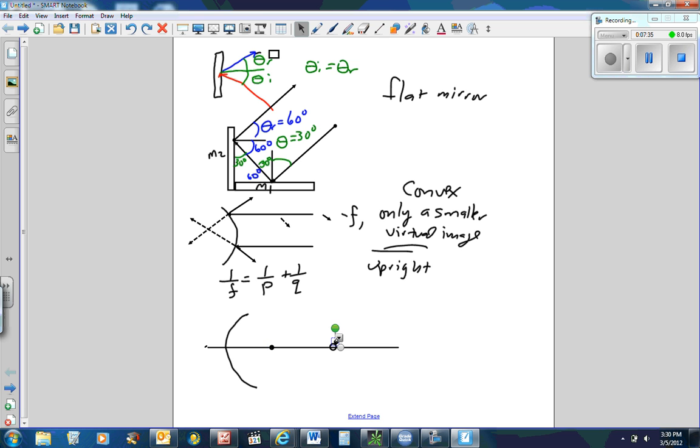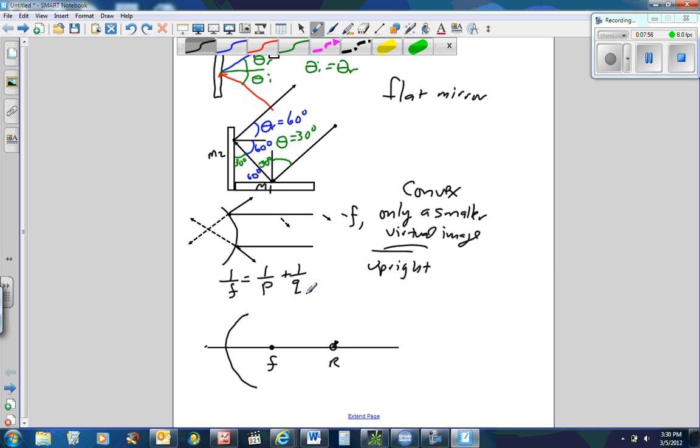Evidently I got two images here. All right. So something like that. Anyway, this would be the focal point. Focal length, focal point. This would be R, or C for center of curvature, which is 2 times the focal length.